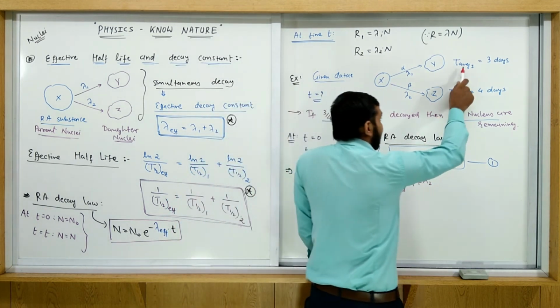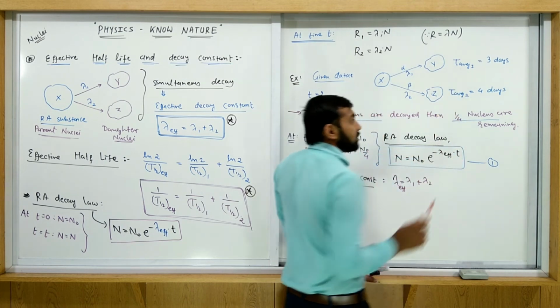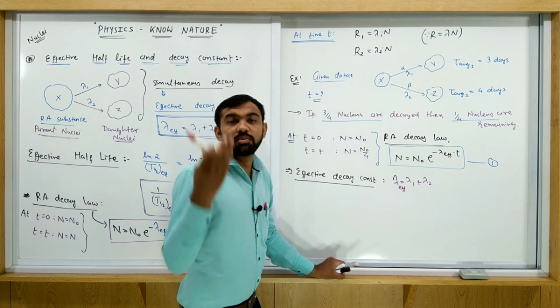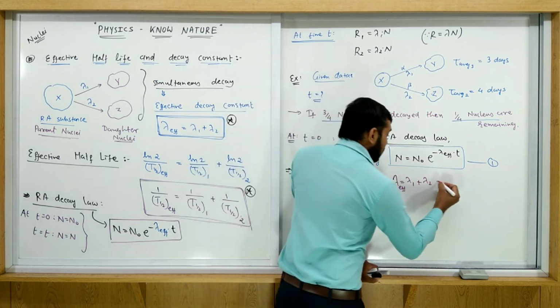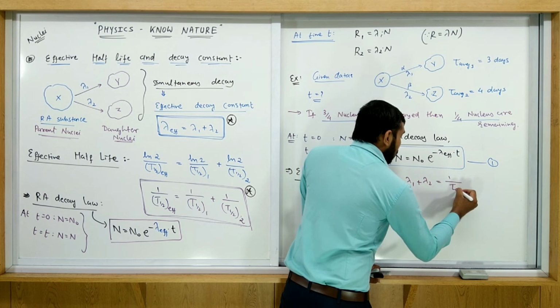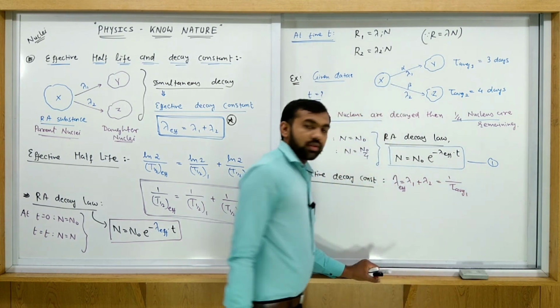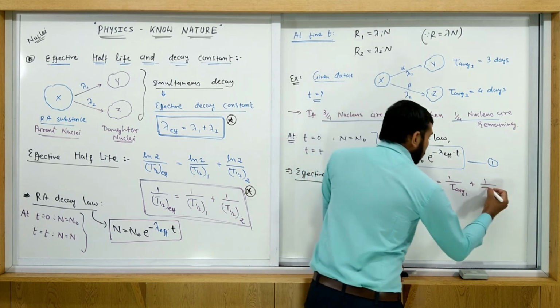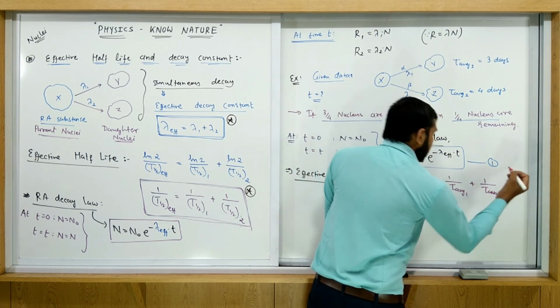But see, tau average is given to us. Tau average is 1 upon lambda, so lambda is 1 upon tau average. So lambda effective is equal to 1 upon tau average 1 plus 1 upon tau average 2.